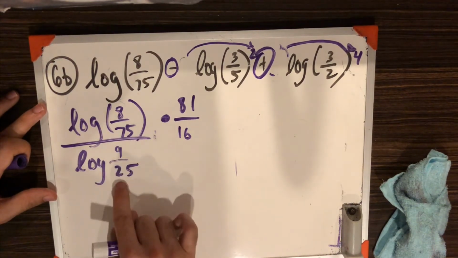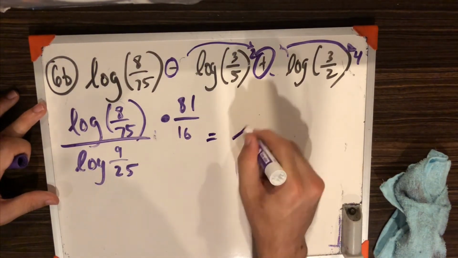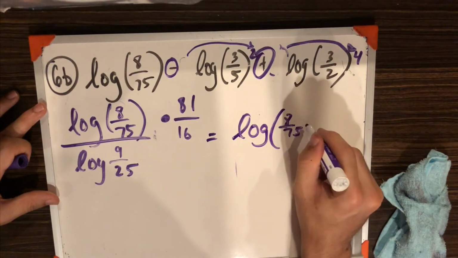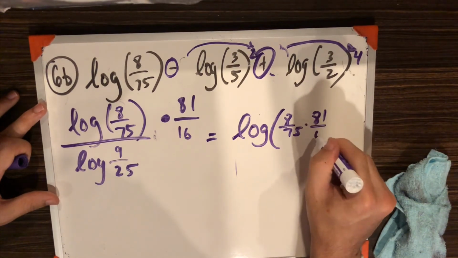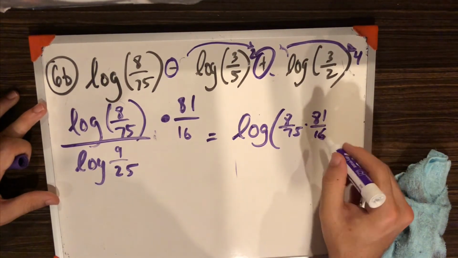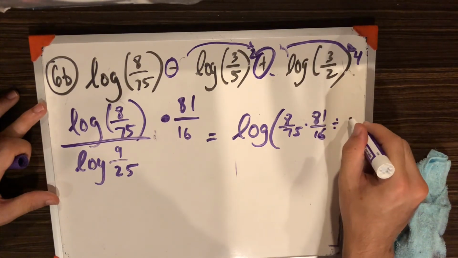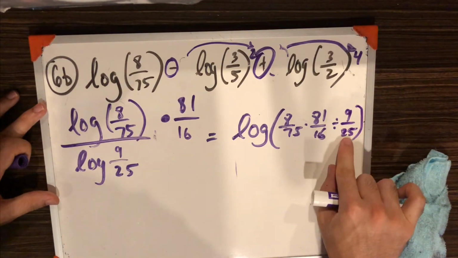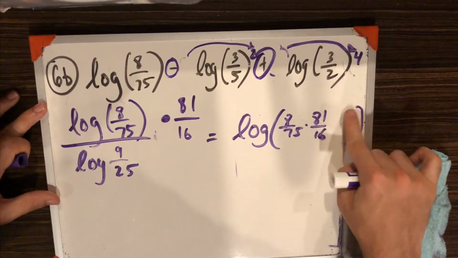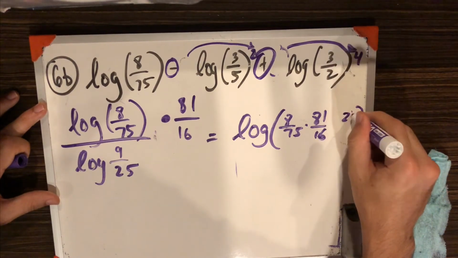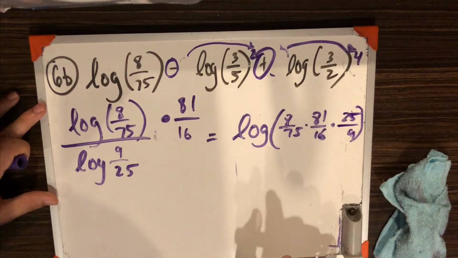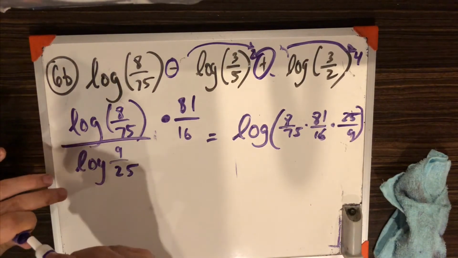Again, let's rewrite this a little bit. So log of 8 over 75 times 81 over 16, and then divided by 9 over 25. Whenever that happens, we can multiply if we flip this fraction. So that would be 25 over 9, and we multiply. So once we flip it, we can then multiply. We're going to have to clean this up a little bit.